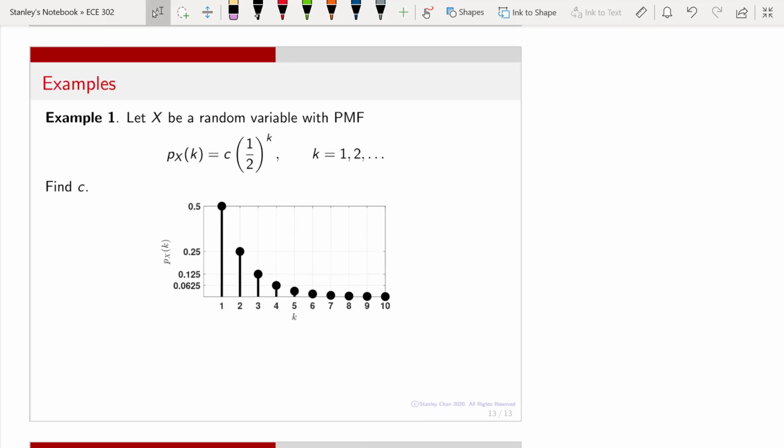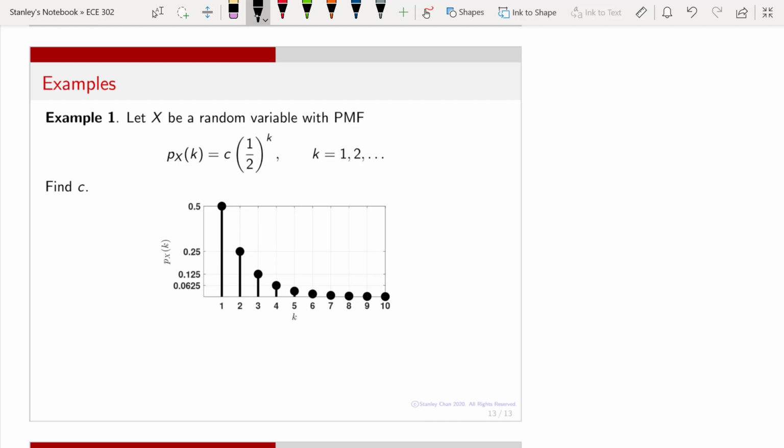Let us look at an example to make this clear. Suppose you have a random variable with the following PMF. We want to calculate the constant C so that this probability mass function becomes a valid probability mass function. This PMF has the form C times (1/2)^k, where k goes from 1, 2, and so on to infinity.